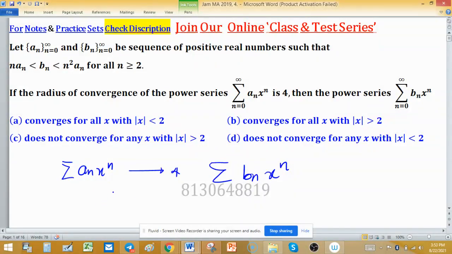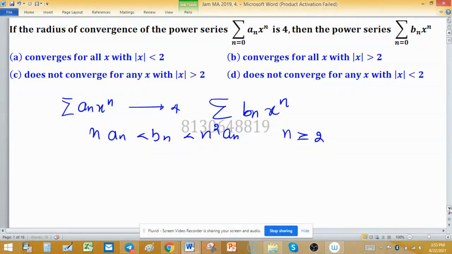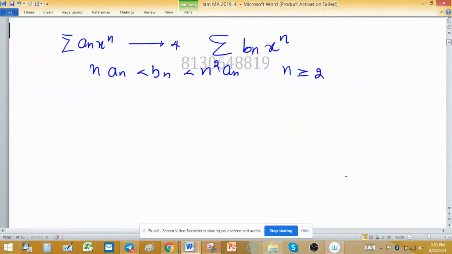So an inequality is given to us: n an < bn < n² an, and this is true for all n ≥ 2. The radius of convergence of any power series can be found with the help of these three formulas.